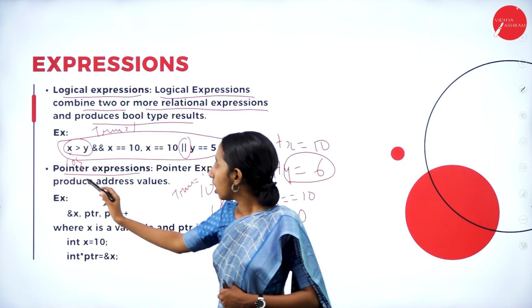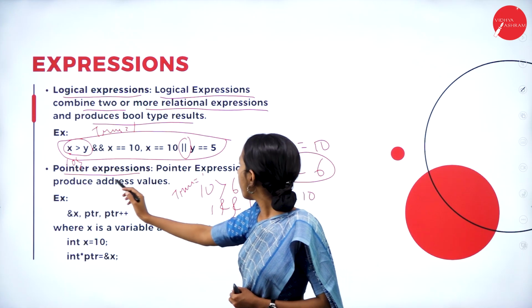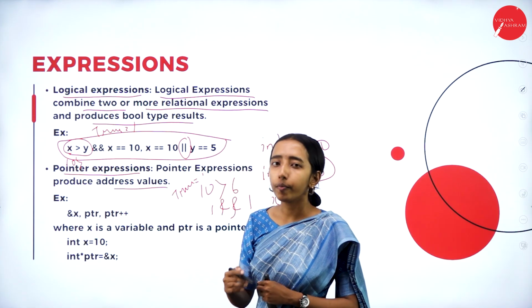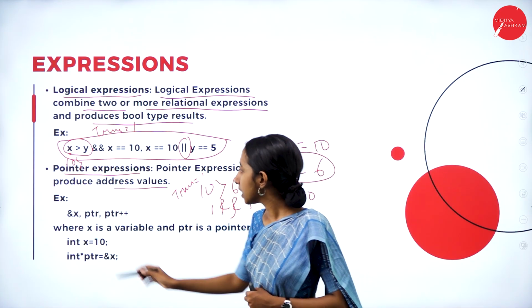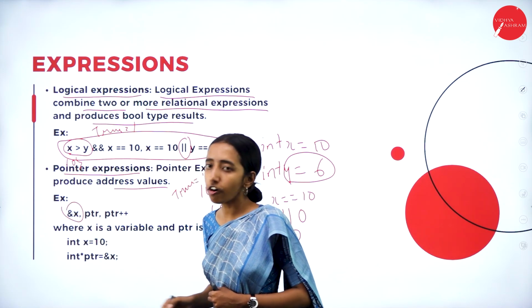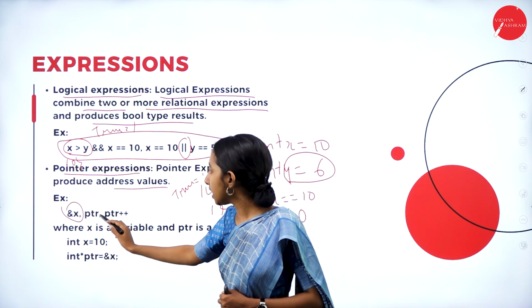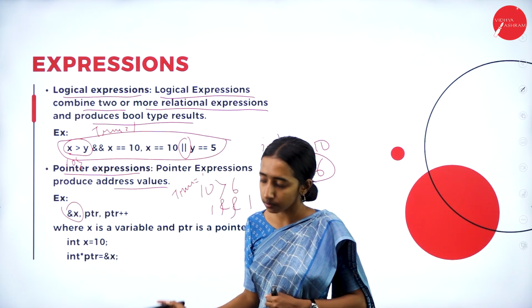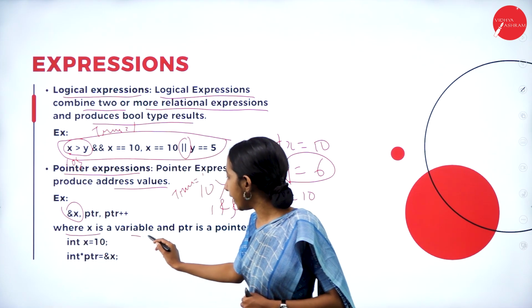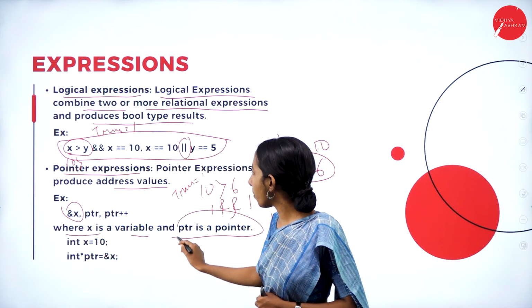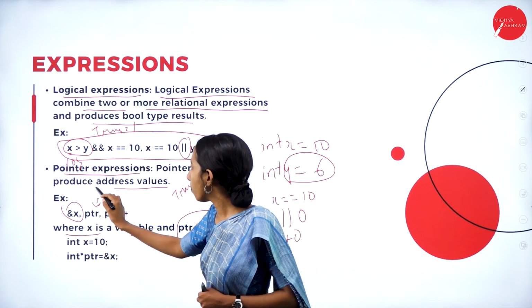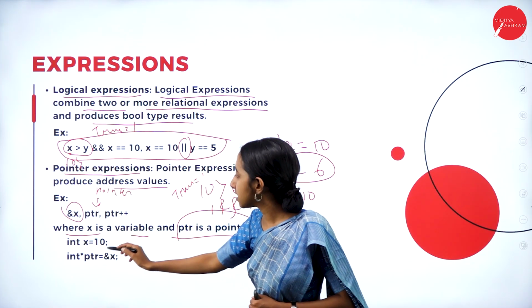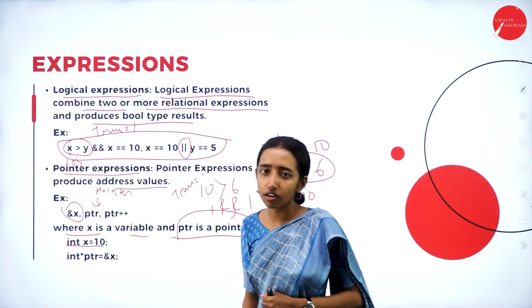Next we are having the pointer expressions. They produce an address value. For example, &x, ptr, ptr++, where x is a variable and ptr is a pointer. Here you can see I am having int x = 10.